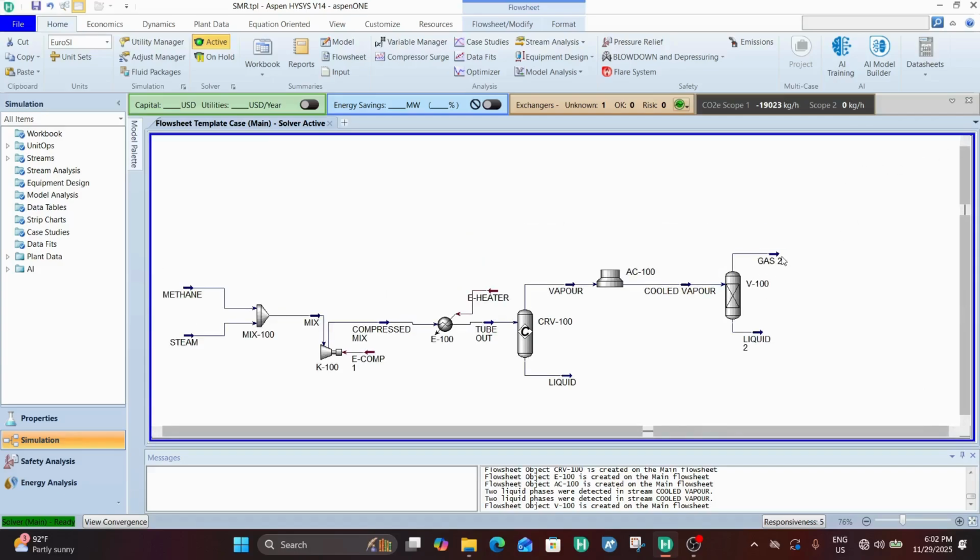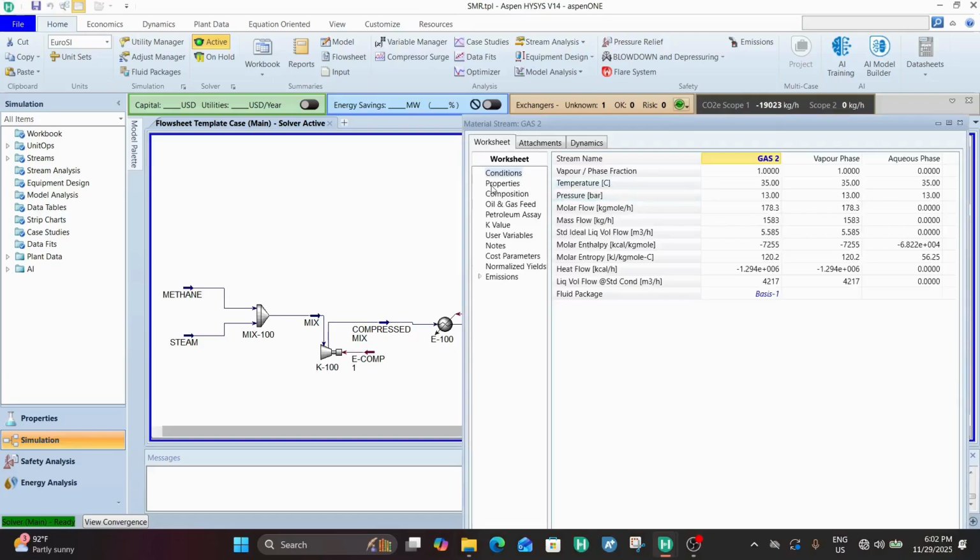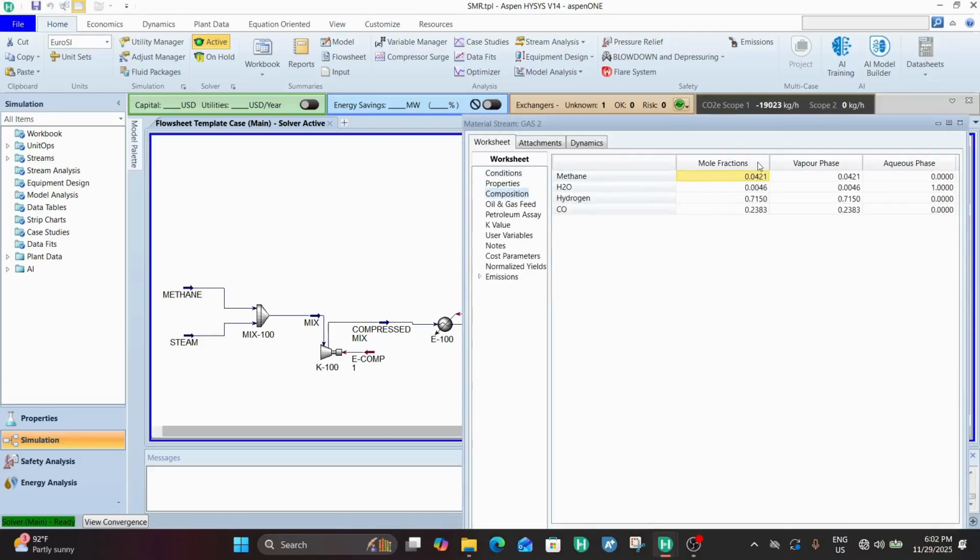So we could just check the flow with respect to the quantity to know how much we have. We're expected to have 120 kilogram mole per hour of hydrogen.